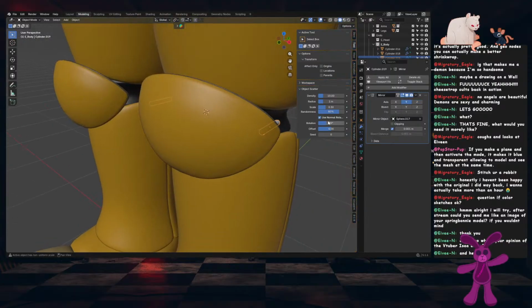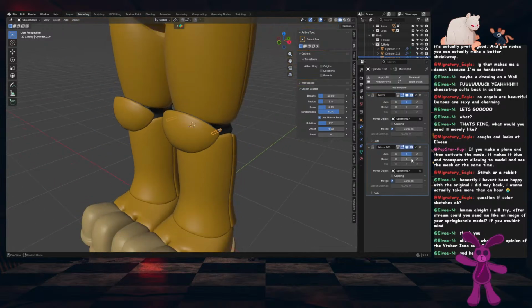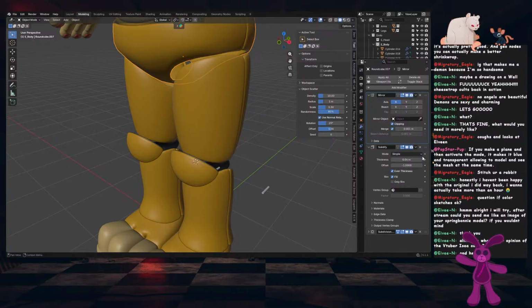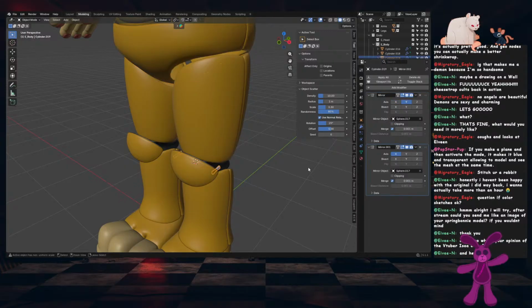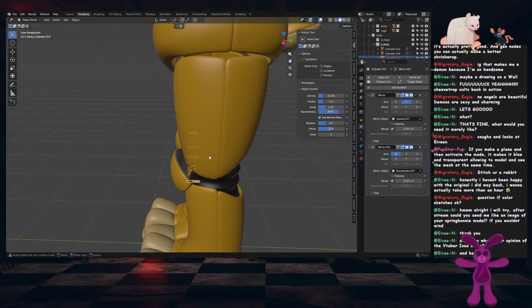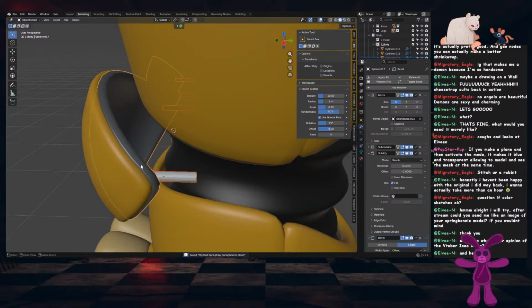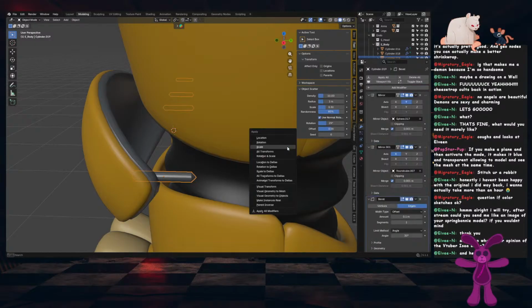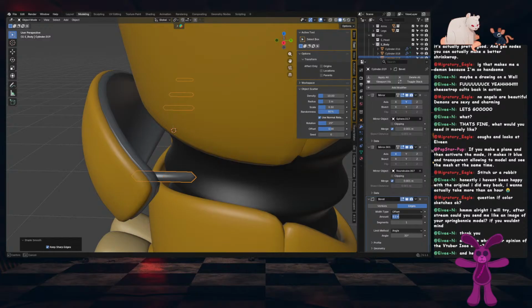Do a bit of this. Duplicate this, make it an X instead. Mirror across. Give that, there we go. Give it this texture. Bevel it. Shade it smooth. Set that bevel way lower. Oh, too low. Not low enough.